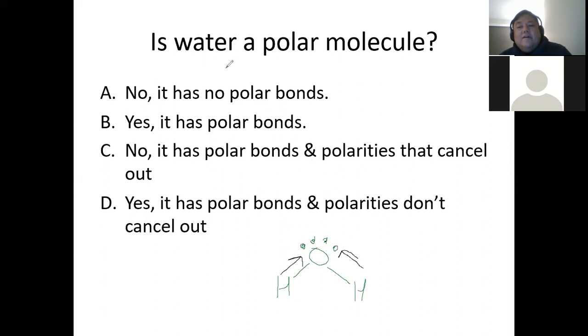And so if you remember, to figure out the dipole, I just draw them head to tail like that. So my overall dipole moment is this. It is a polar molecule because it has polar bonds and the polarities don't cancel out. So my answer should be D. Yes, it's polar. It has two polar bonds and those polar bonds don't cancel out.